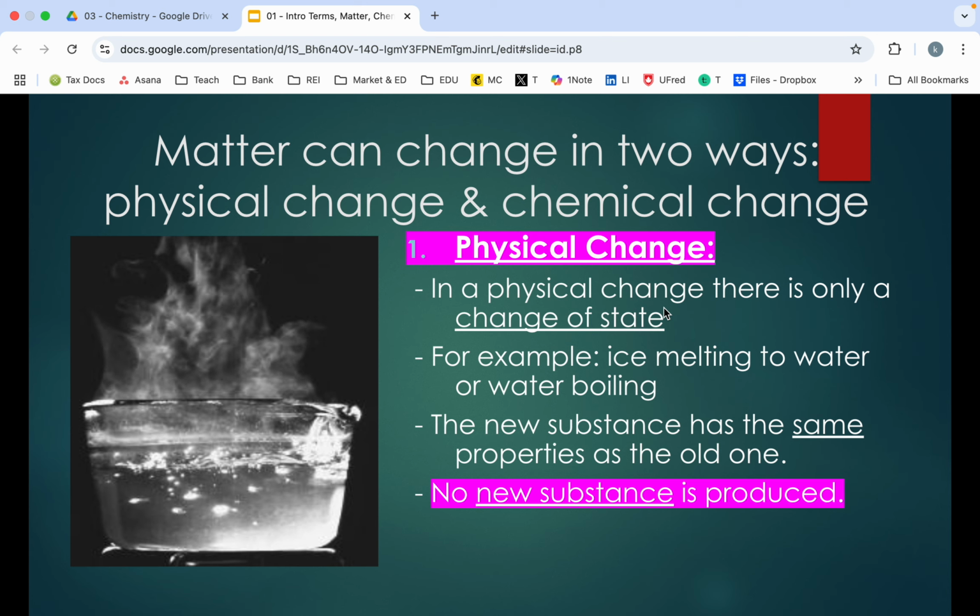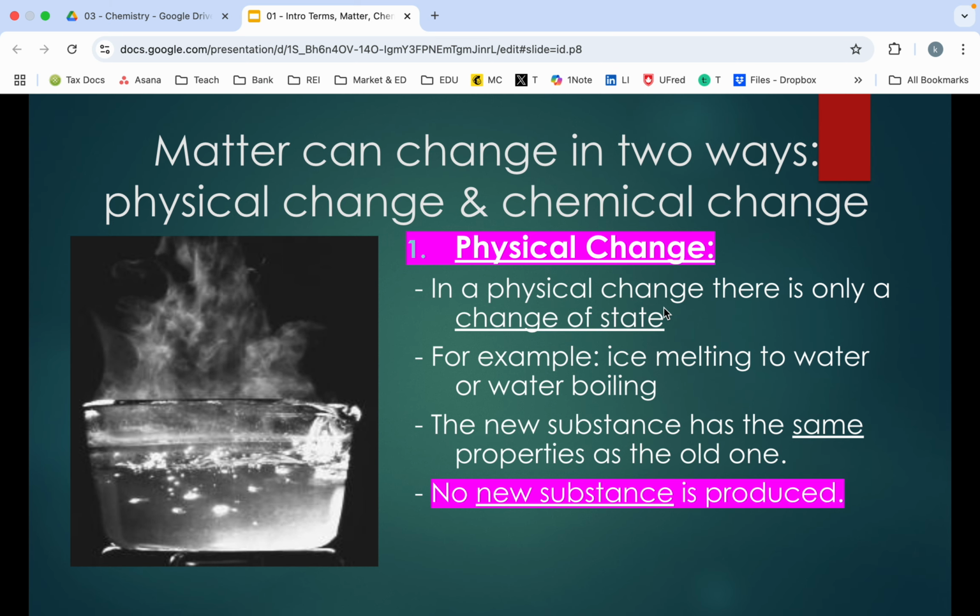Super critical, absolutely throw a highlight on this, flashing lights important, is that no new substance is produced. You do not get new things with a physical change. So if you're analyzing something to see if it's physical or chemical, you want to ask yourself, is there something new at the end?